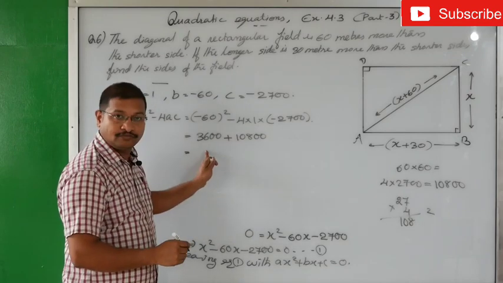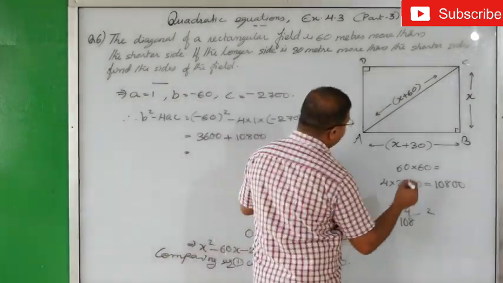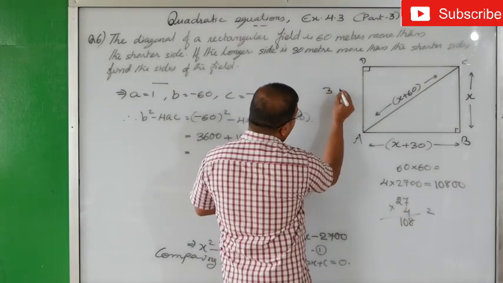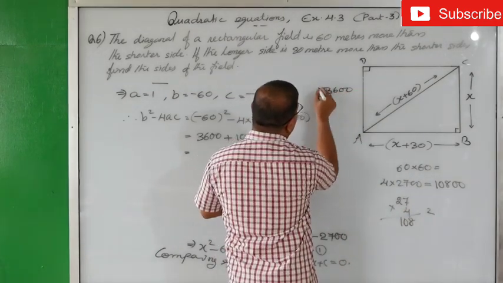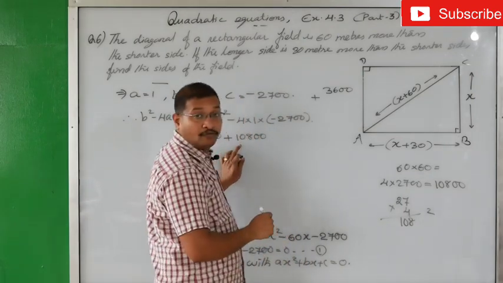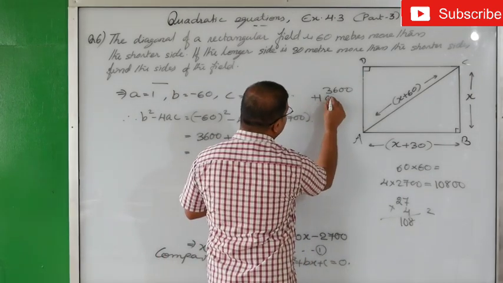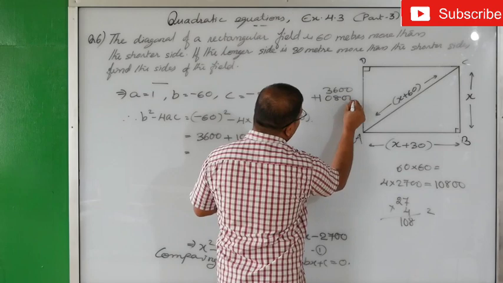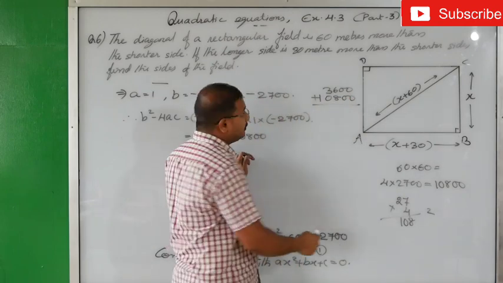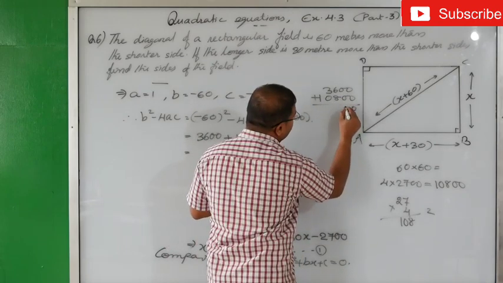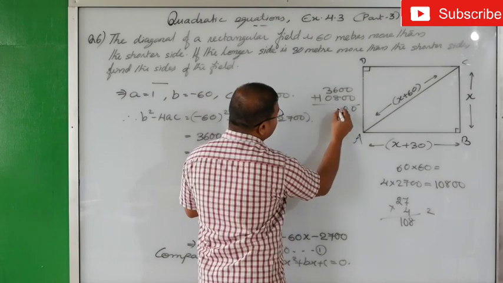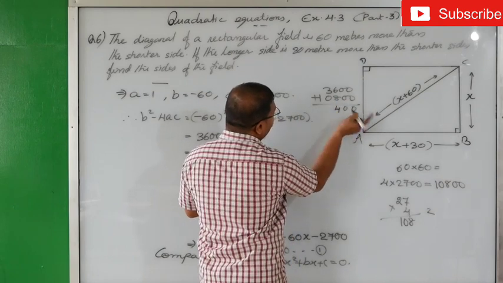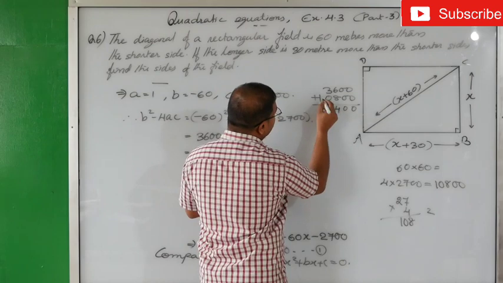Now we'll add these two. 3600 plus 10800, we'll add it. Ready? So 0 plus 0, 0, 0 plus 0, 0. 6 plus 8, 14, 1 in hand. 1 plus 3, 4, and this 1.